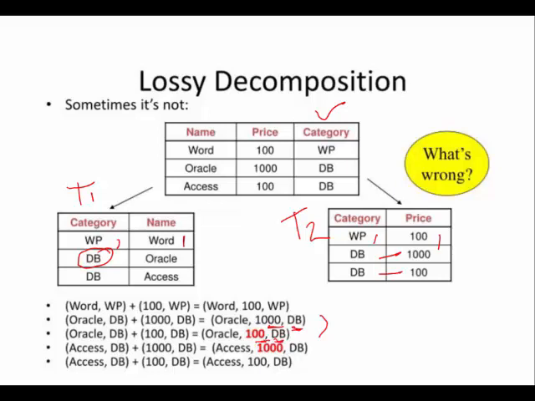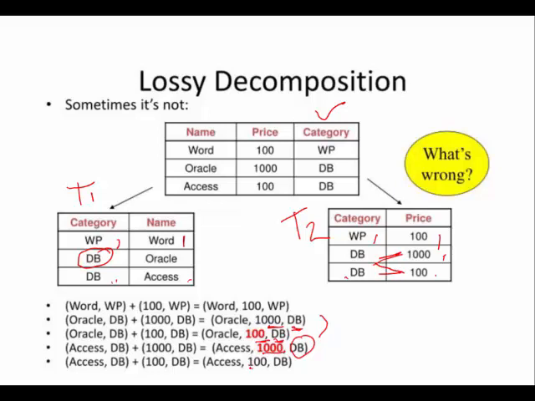In the next rows, for Access, DB, and then DB again, and 100. And another one is Access, DB, DB again, and 1000. We can see here that every DB has 2 relations, 100 and 1000.